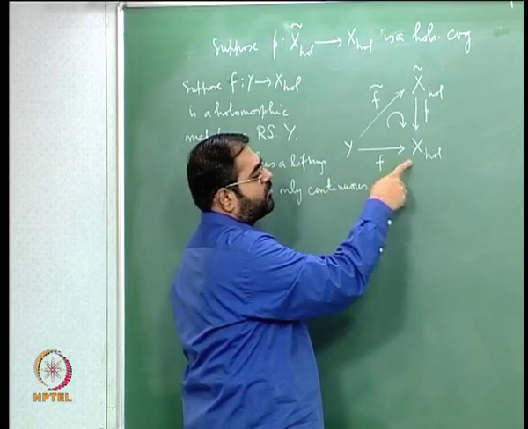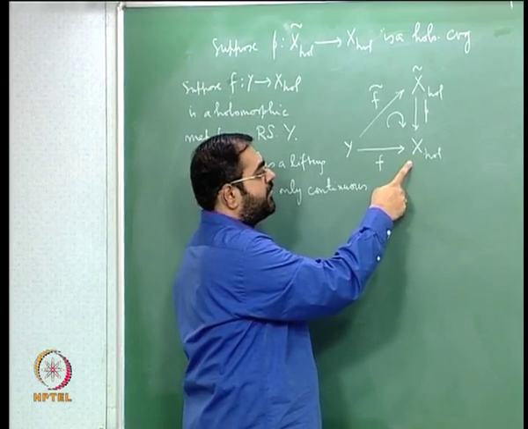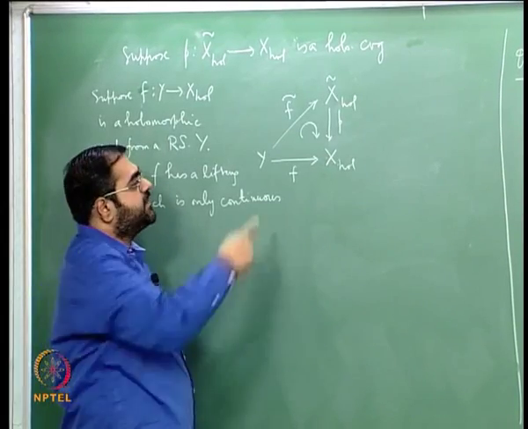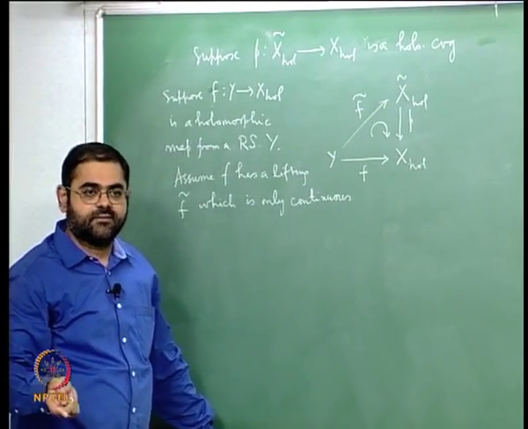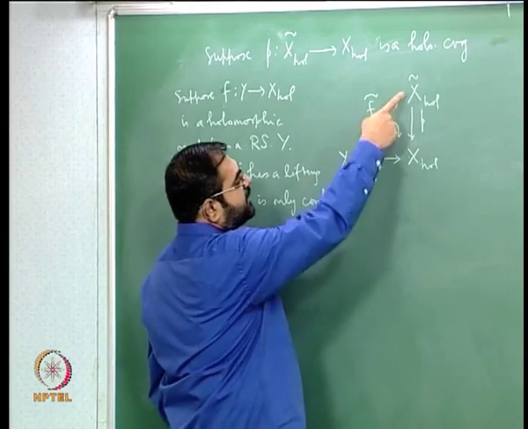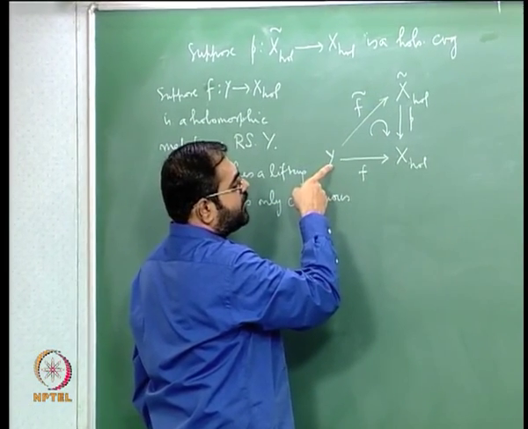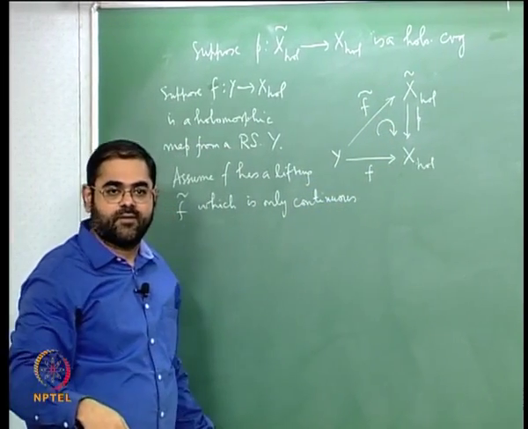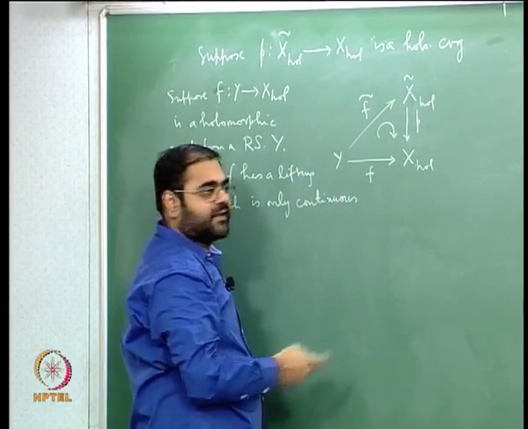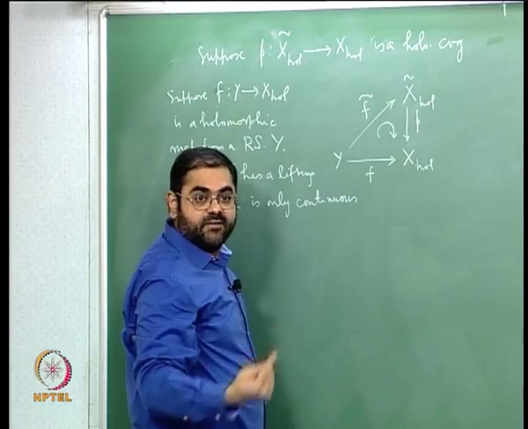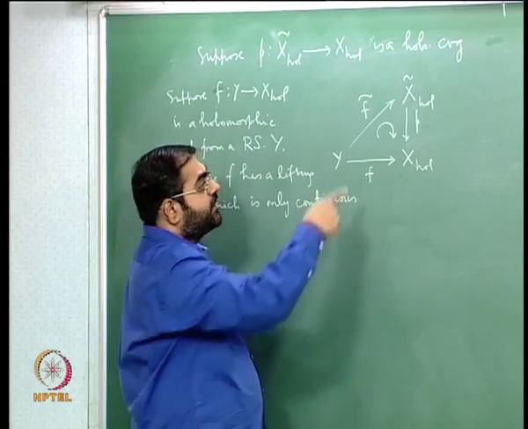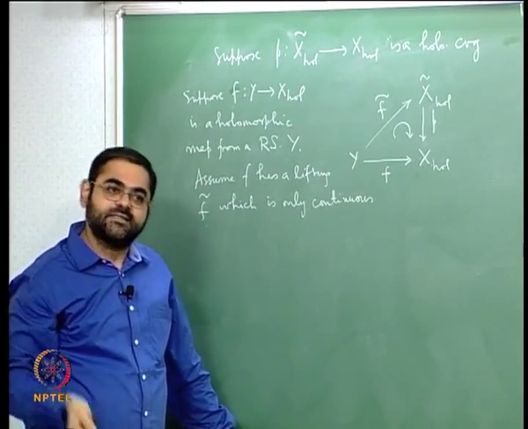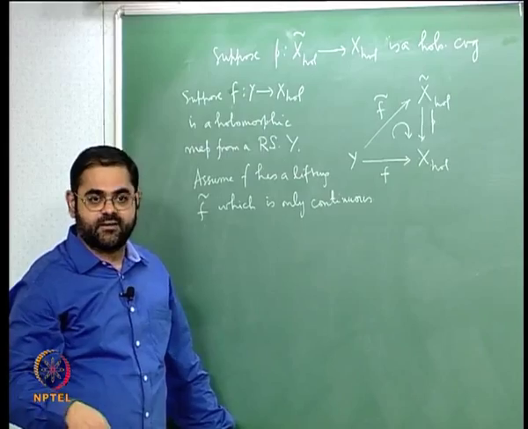I have a holomorphic map of Riemann surfaces and it is liftable to a continuous map to the covering space. Then F tilde automatically becomes holomorphic. The reason is that locally F tilde is F followed by an inverse for P, and P is locally biholomorphic. So locally F tilde is holomorphic, just because locally I can invert P, and the inverse of P is also holomorphic. So the moral of the story is, if you get a continuous lifting for a holomorphic map, it is automatically holomorphic, so it also comes into the holomorphic category.